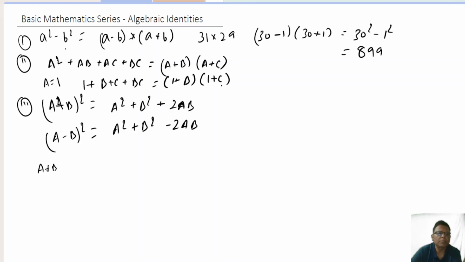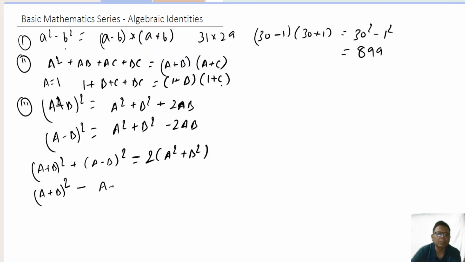So a plus b the whole square plus a minus b the whole square is equal to 2 into a square plus b square, and subtract a minus b square from a plus b the whole square. So that will be 4ab.